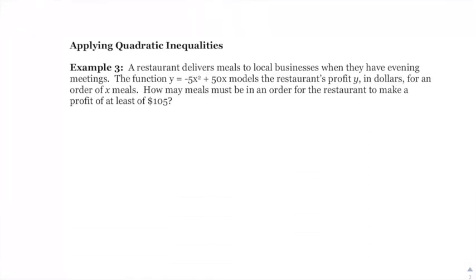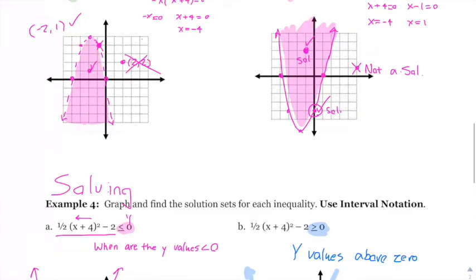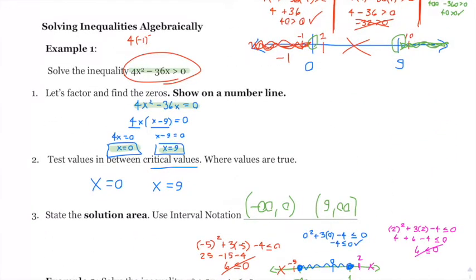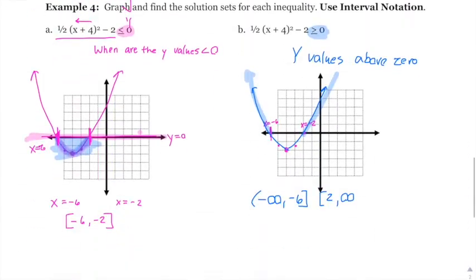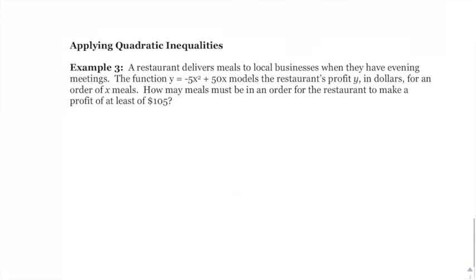Okay, and then I think we're going to do that same idea here with a word problem, and we can solve it with whatever method that we learn. We can use the graphs, or we can do a number line and use test values. And honestly, I prefer the graphing a little bit more, so that's probably the way I'm going to show it here.